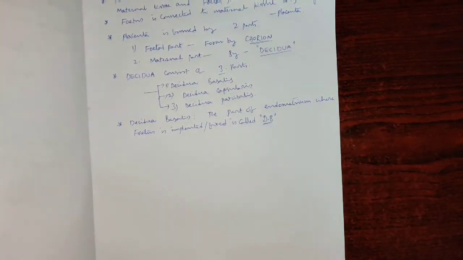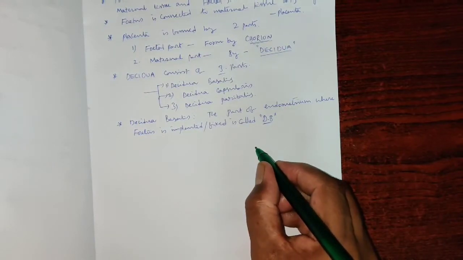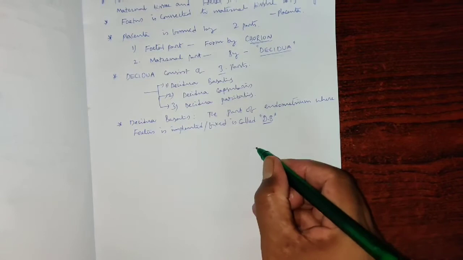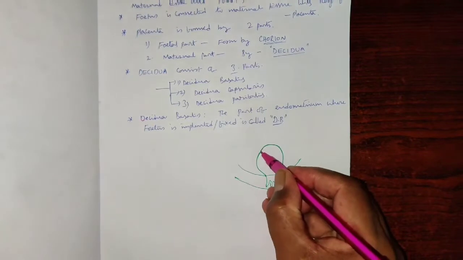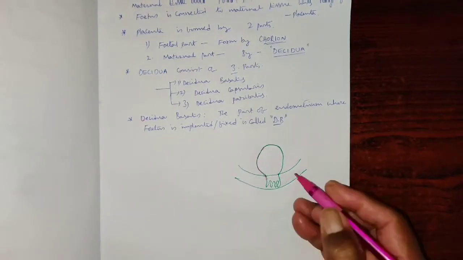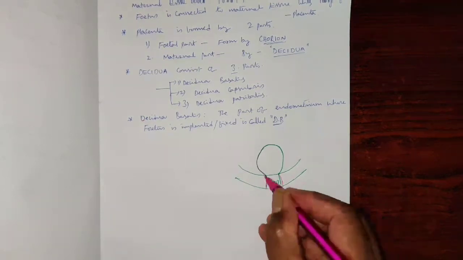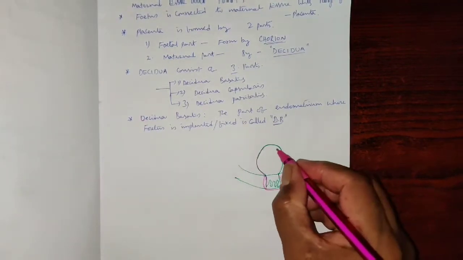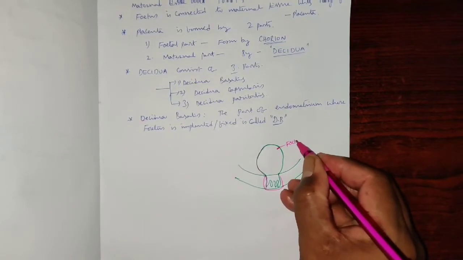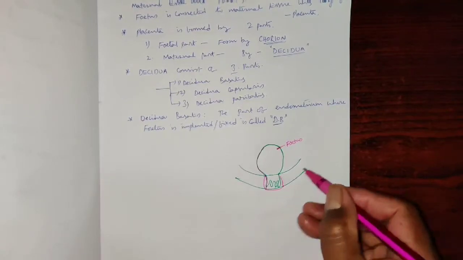That means you can draw a diagrammatic representation. For example, this is the fetus. The decidua basalis is the part where the fetus is connected with the wall of the uterus called endometrium.